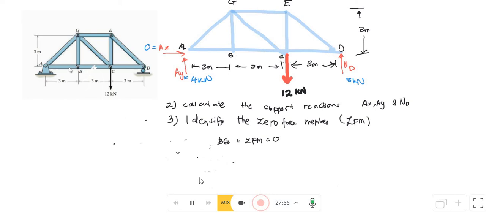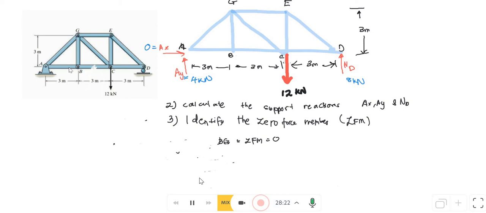Is there any other zero force member? There is none for C because we have more than 3 members and external forces. D also has external forces coming from the roller. E, even though it has 3 members at point E, we don't have the collinear members.